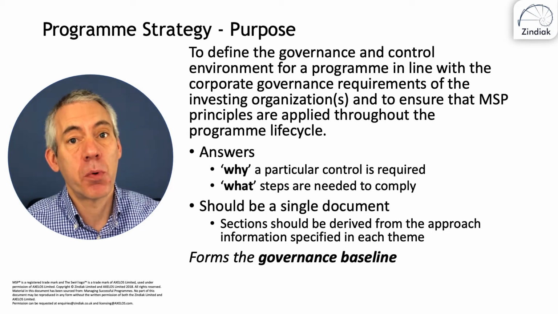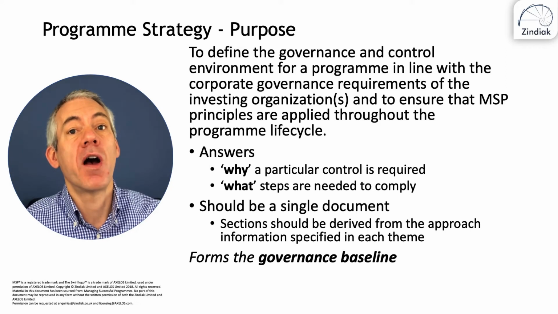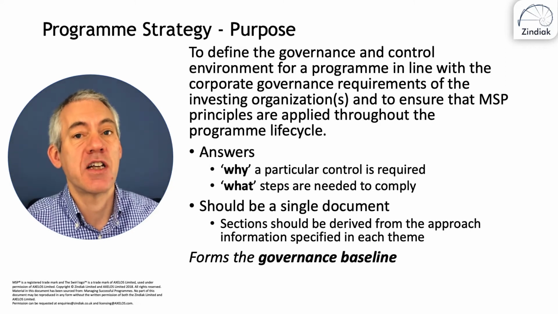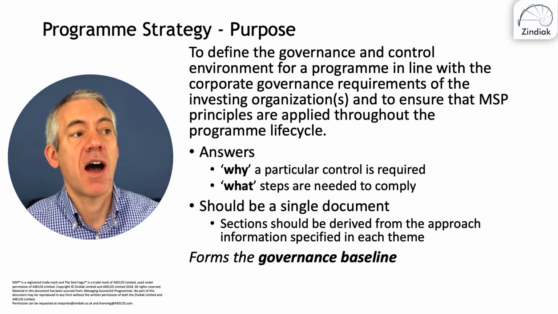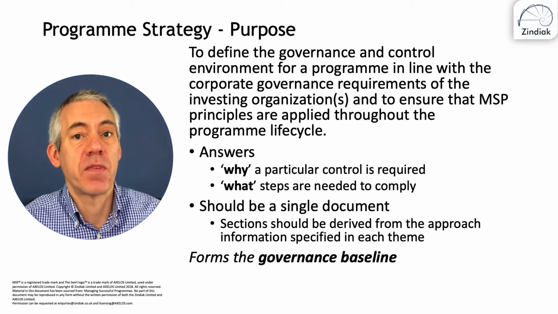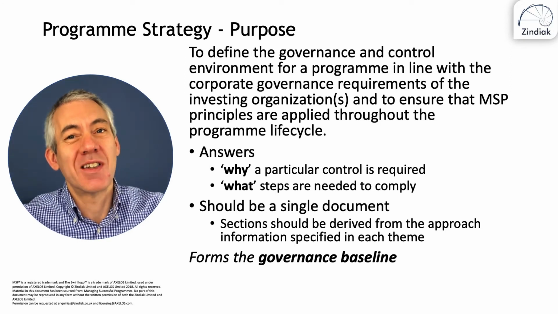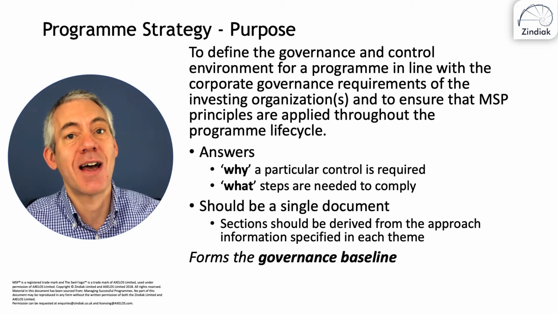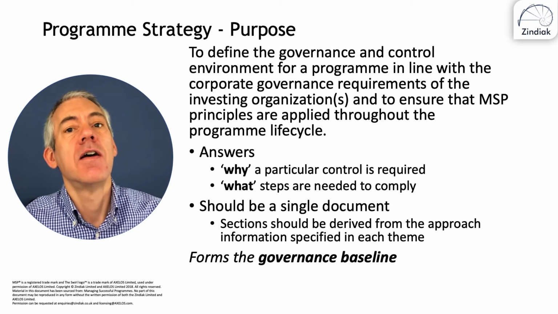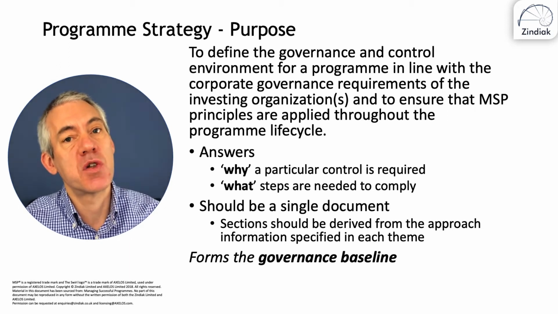You're delivering your program on behalf of an organization or organizations, and they will have their corporate governance requirements. So very often we'll take a lot of those requirements as given into our program. We may need to tweak them a bit.